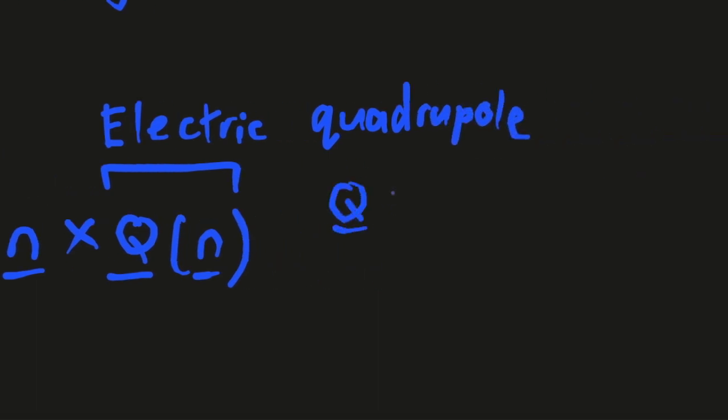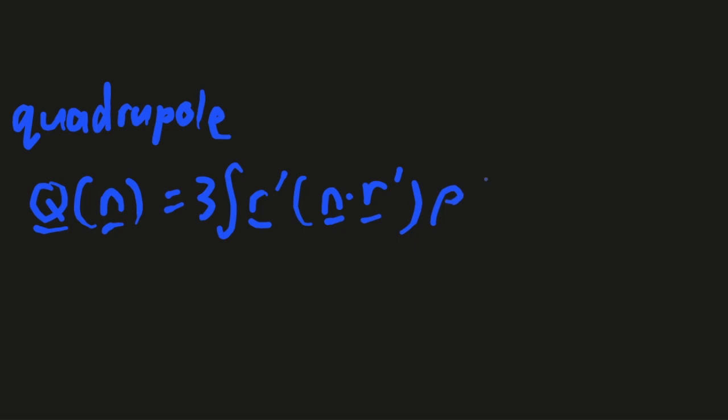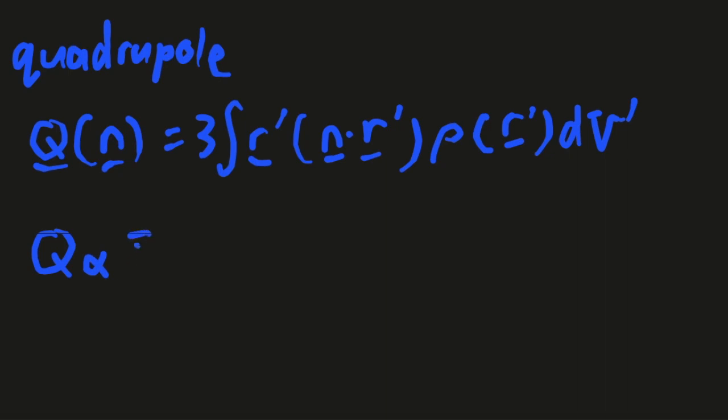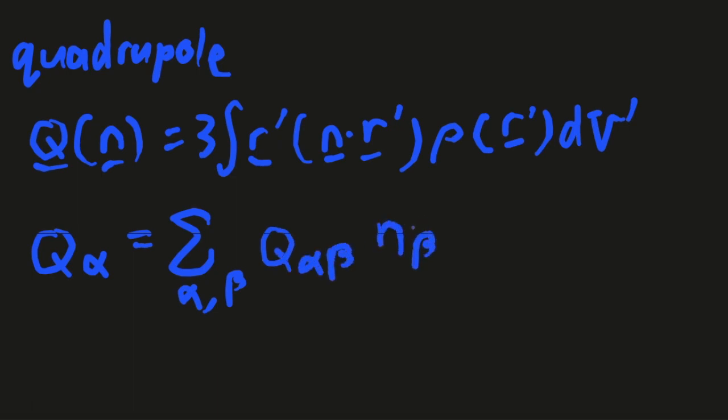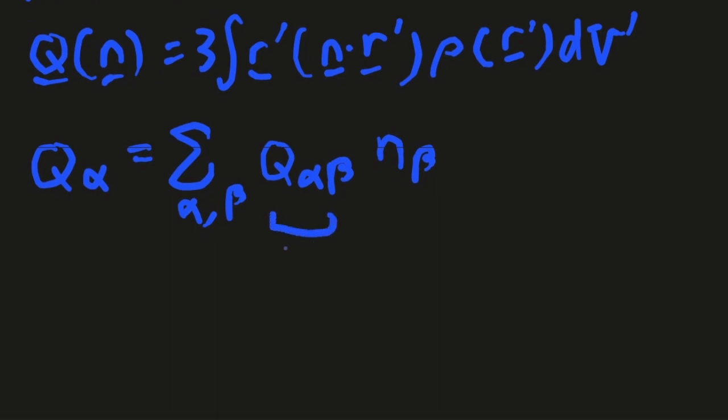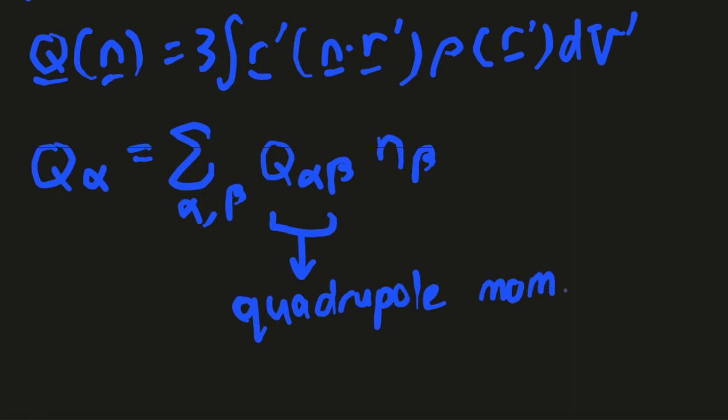So Q of n is, yeah, lots of algebra. And Q alpha is the sum of Q alpha beta. And this term is the components of a quadrupole moment tensor, which you can get from here.